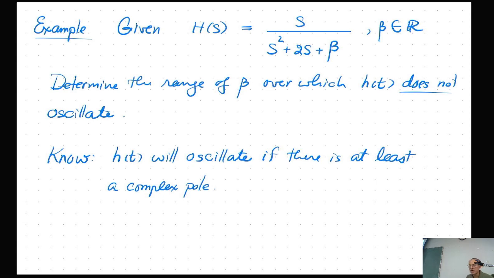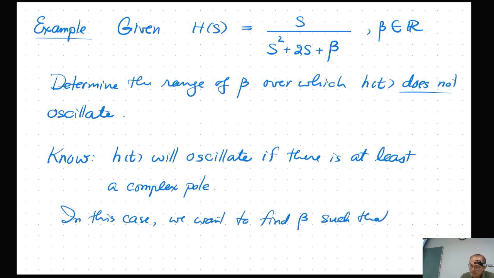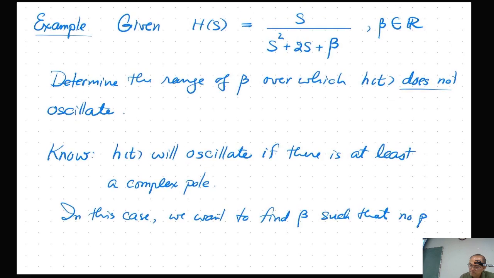In this case, we don't want it to oscillate, so we don't want any complex pole. We want to find beta such that no poles are complex. Since we don't want it to oscillate, all the imaginary parts have to be 0, right?